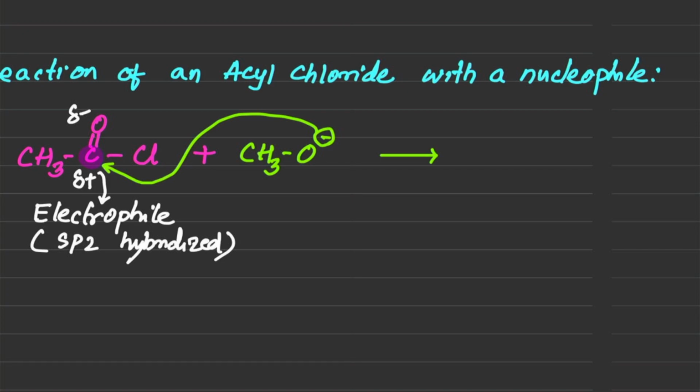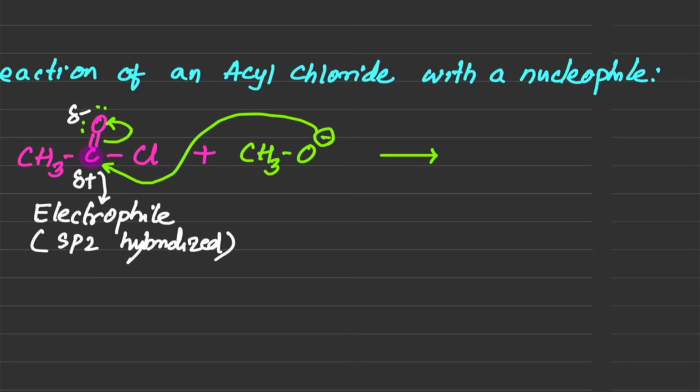Okay, so if this thing attacks, you will notice if we don't change anything, it would have 5 bonds because it has 1, 2, 3, 4, and now if the 5th bond comes in, that will have 5 bonds. So in order to maintain the octet, one of the pi electrons is always gonna move towards oxygen. Oxygen had 2 lone pairs.